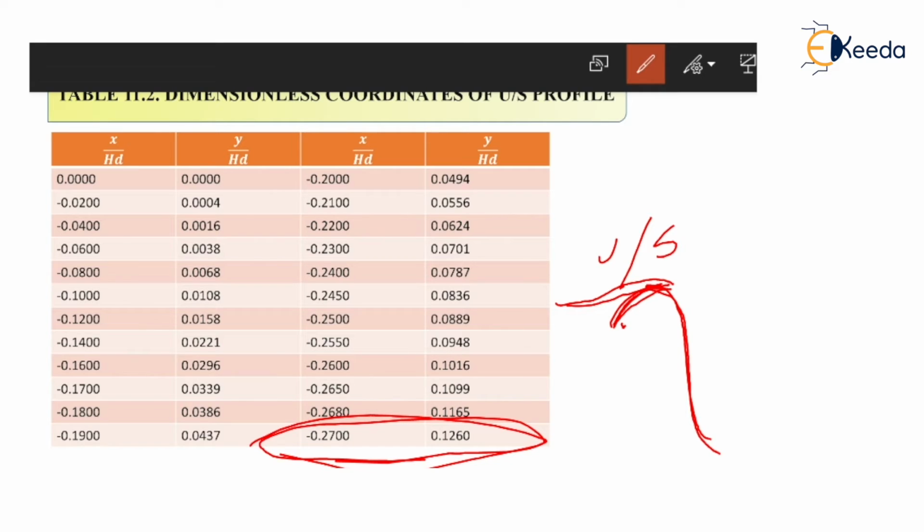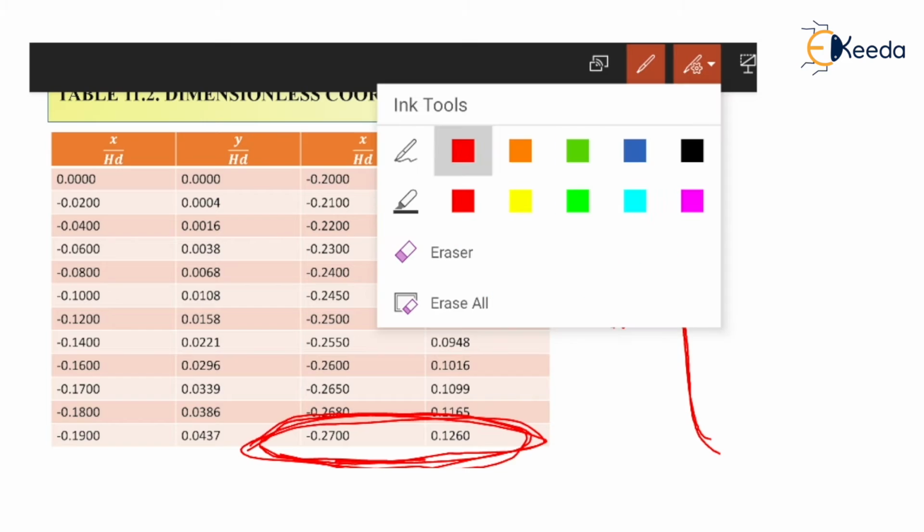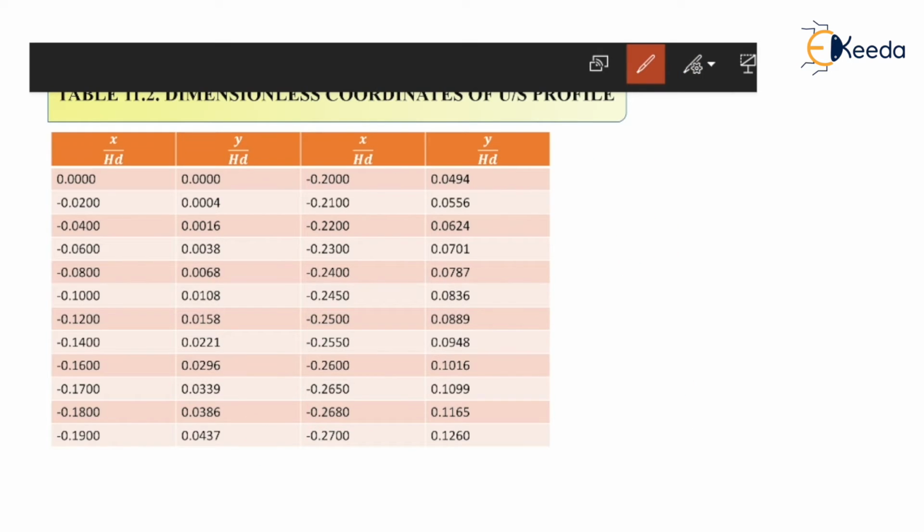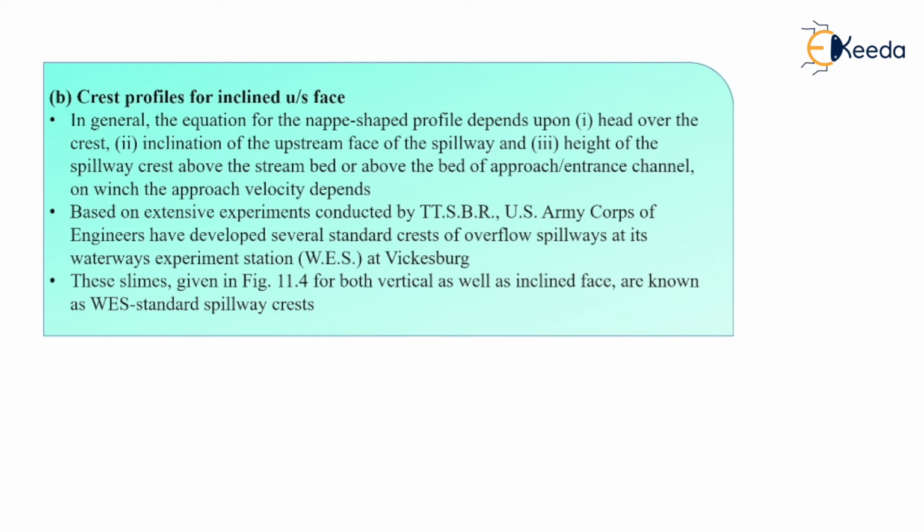According to them, this value is perfect, we can say the efficient one. By adopting this value, we get the upstream crest profile tangential to the sharp-crested weir, and it does not have any slope at the crest. So according to them, this is a very suitable value.